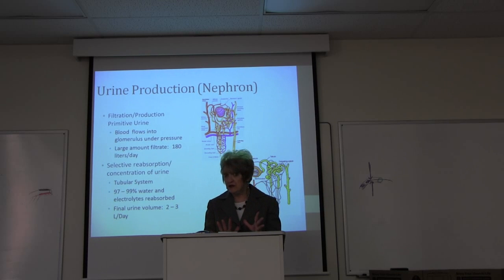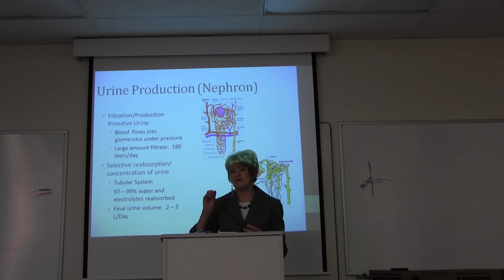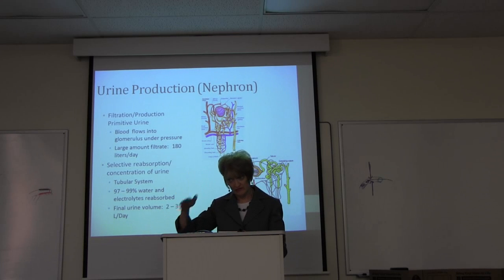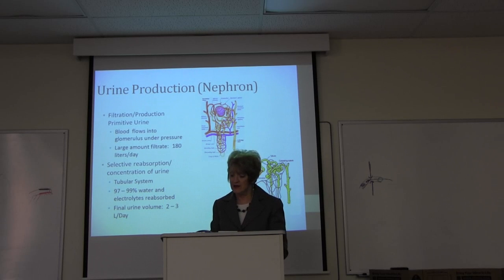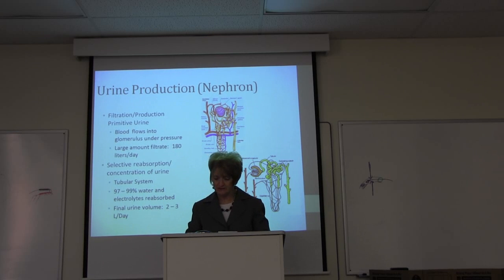There is selective reabsorption of electrolytes. So needed electrolytes are pulled back into the bloodstream. Unneeded electrolytes are allowed to continue to flow through the tubular system into the renal pelvis and eventually into the bladder. So two phases. Phase one produces very high volume primitive urine, very dilute filtrate.